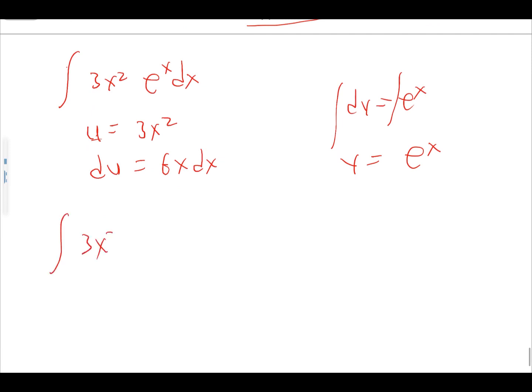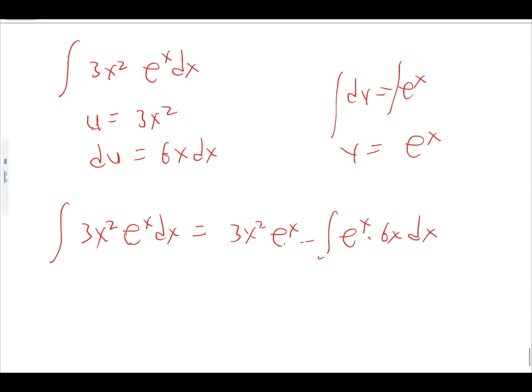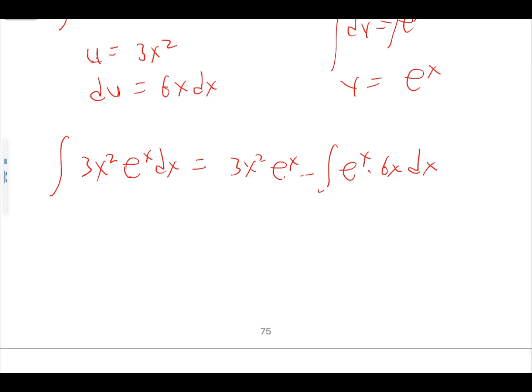Putting them back into the formula, we get the integral of 3x squared exponent x dx equal to 3x squared exponent x minus the integral of exponent x multiplied by 6x dx, which is our du.